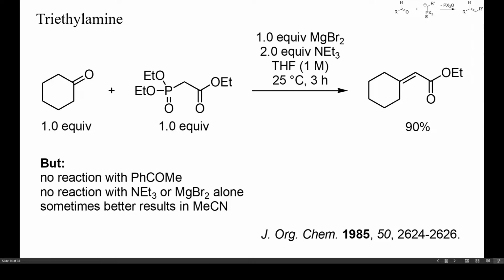Such conditions, however, are very mild and thus very selective, and may not be suitable for sterically demanding, highly enolized or otherwise unreactive ketones. The conditions here, for instance, could not be used for the olefination of acetophenone.